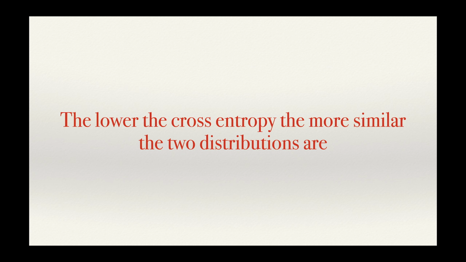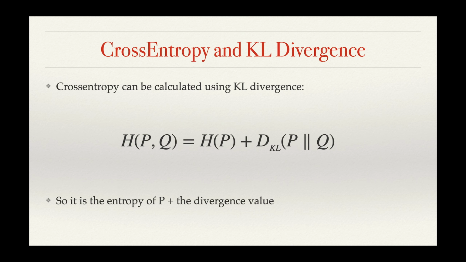So of course, the lower the cross entropy, the more similar the two distributions are, which means also the lower the divergence is. Now, what is the relation between cross entropy and KL divergence? They are actually related, of course. The cross entropy, H(P,Q), is equal to the entropy of Q, which is our target distribution here, plus the divergence from that target distribution.